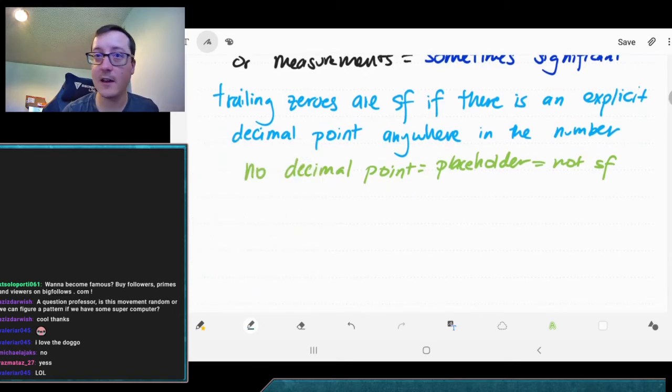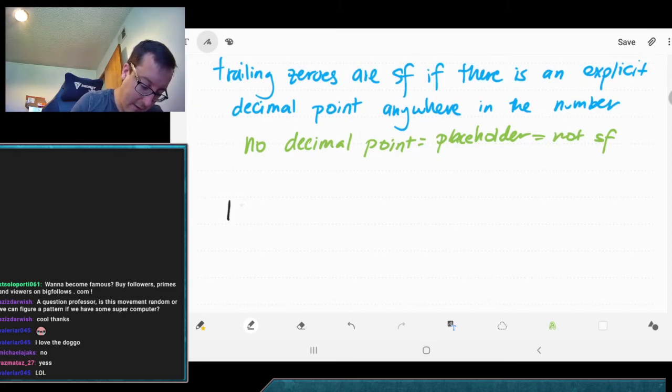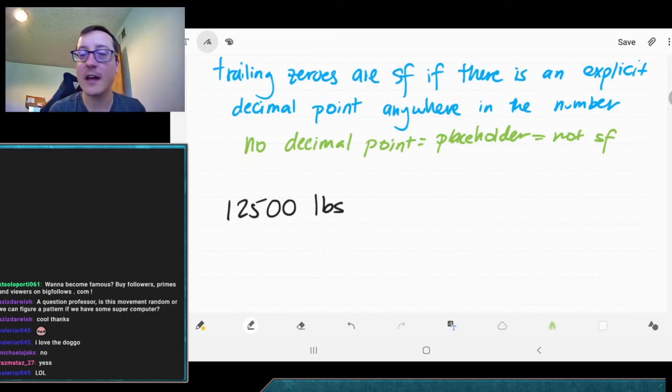So, let's say I take my elephant and I put it on the scale, and the scale says, you know what? It's 12,500 pounds. I have no idea how much an elephant weighs, but we'll say it's that much. This scale is pretty cheap, and it has read these digits for me. Looking at the number it churned out, it does not have a decimal point.